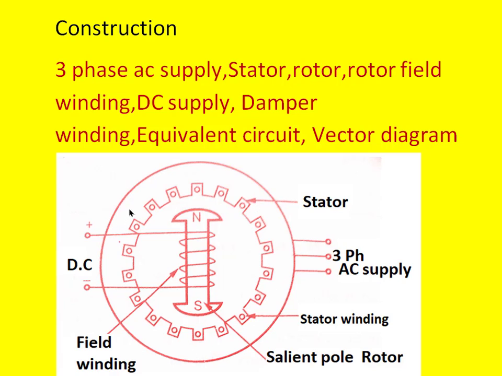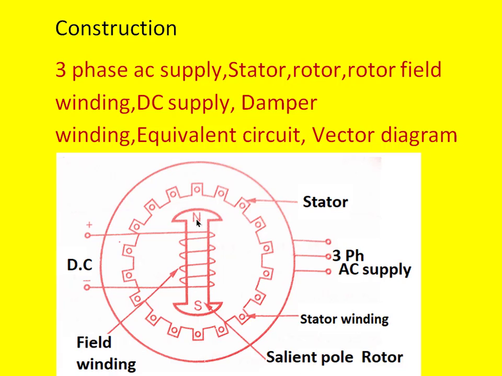In these slots, the three-phase winding will be housed, and this is the rotor, and this rotor is a salient pole rotor, and this salient pole rotor carries a winding. That winding we call the field winding, and that field winding is fed by a DC supply.